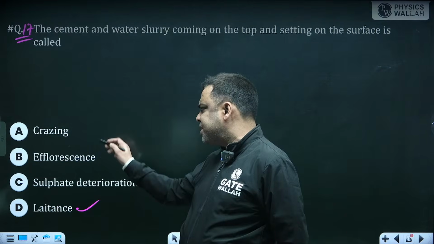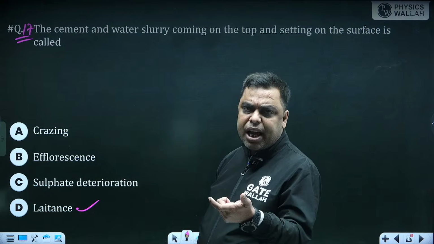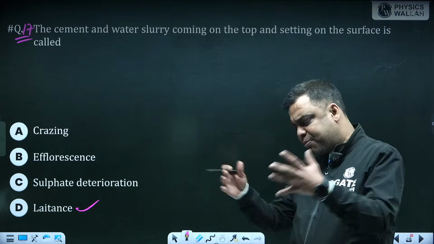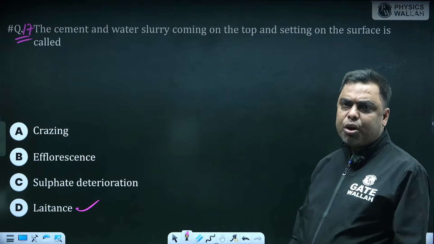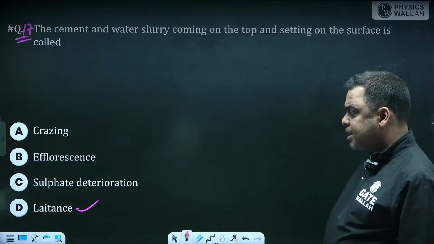Efflorescence is white patches, glazing is small cracks, sulfate deterioration is due to sulfate attack, where calcium aluminosulfate is formed, right? And expansion in volume leads to cracks in the concrete. So the answer is laitance.